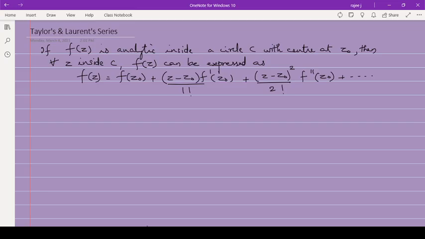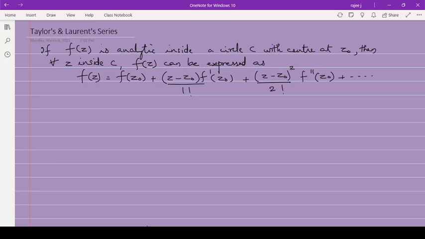Infinite number of terms are there, and this series is convergent at every point inside C, meaning when you calculate it you are going to get a finite value in the series.